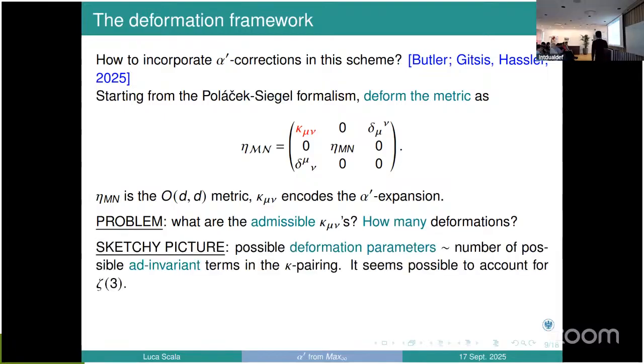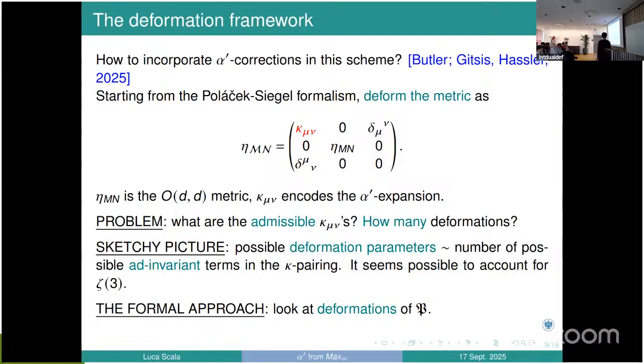Since I don't have a lot of time, I will present a sketchy picture that will try to motivate you that in this framework we can account also for zeta 3 kinds of corrections. And why is this so? The sketchy picture relies on the fact that the possible deformation parameters in this model are given by the number of possible invariant terms in this K pairing.